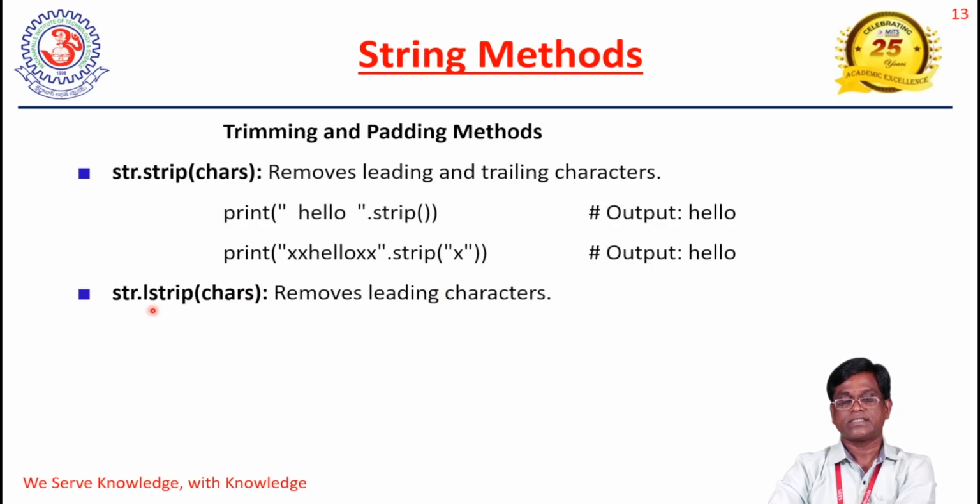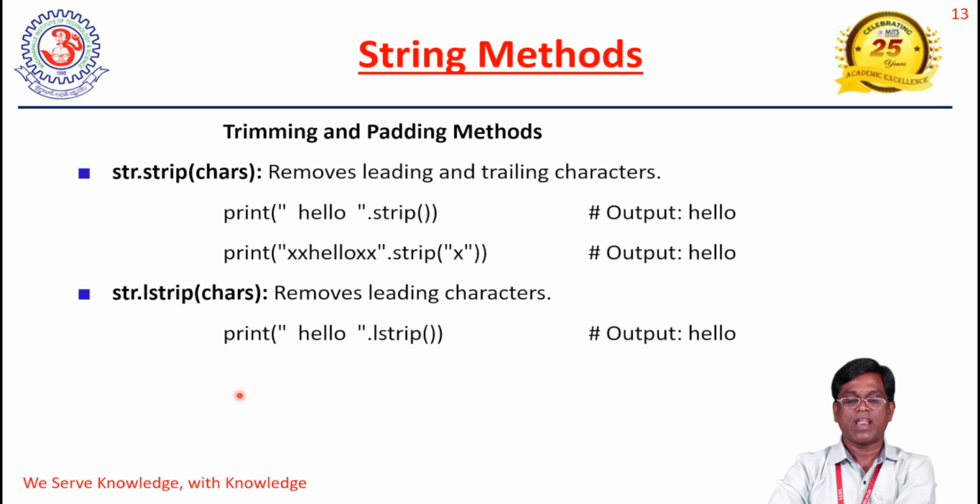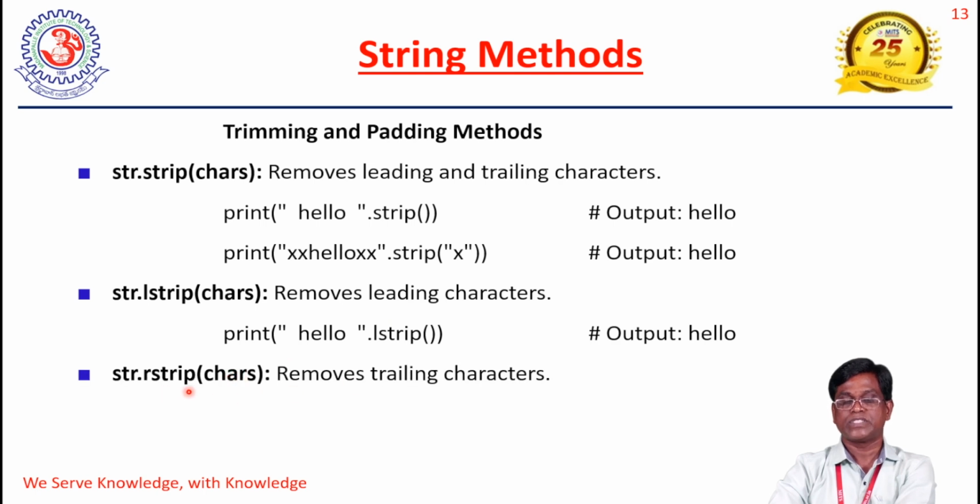And this is lstrip. If you want to remove the leading characters, that is, whatever blank spaces or characters are there before the string, then I can use this. See here, hello has blank spaces before it, so they will be removed and it is going to display the string here. Similarly, I have rstrip, which will remove the trailing characters or blank spaces.